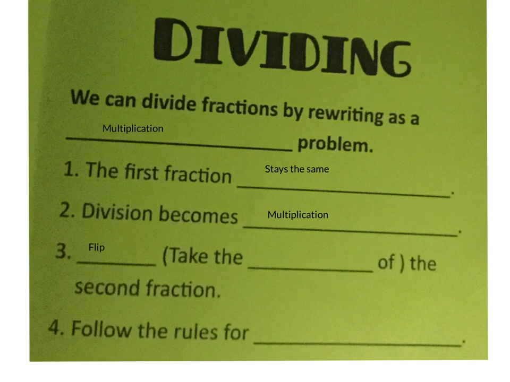And the technical term for that is we take the reciprocal of it. So for those of you who remember the quick strategy, it's keep, change, flip. Once we've reorganized the way it looks, we just go back and follow all the same steps for multiplication.